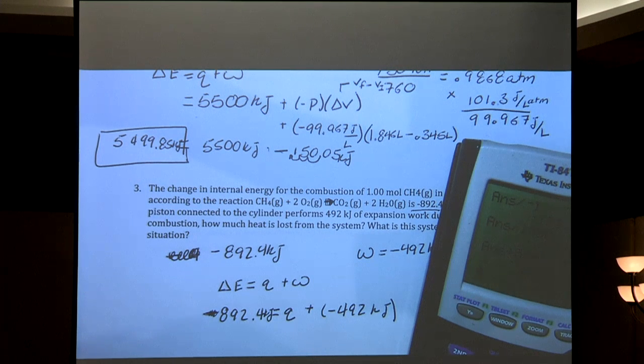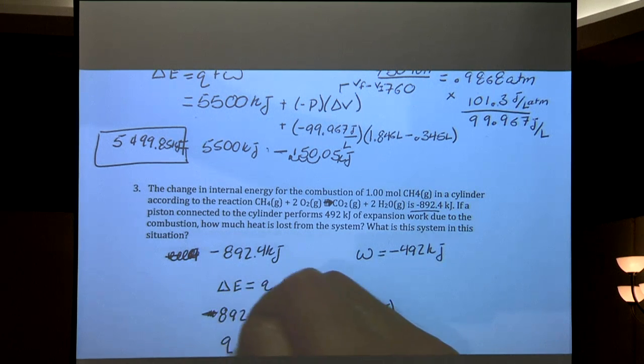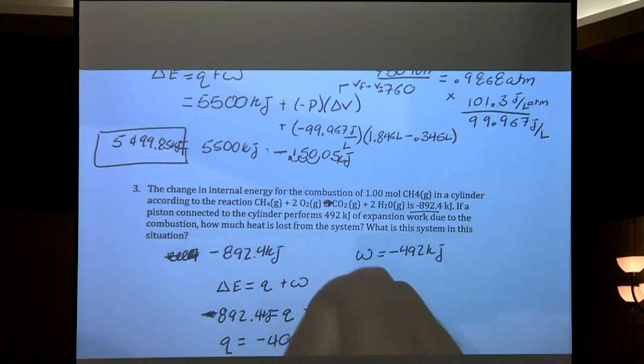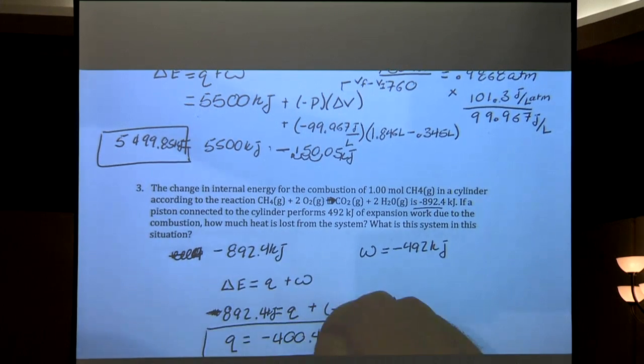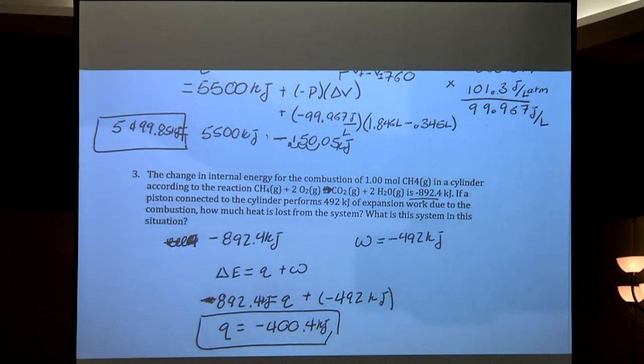I'll do it this way. 492. Okay, so our Q is negative 400.4, and it's in kilojoules. So this is our heat lost in the system.